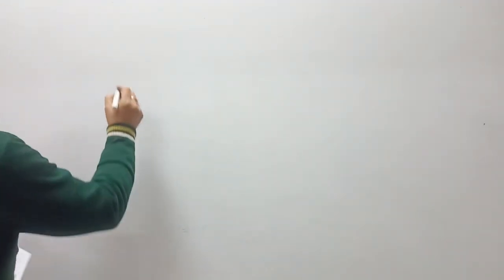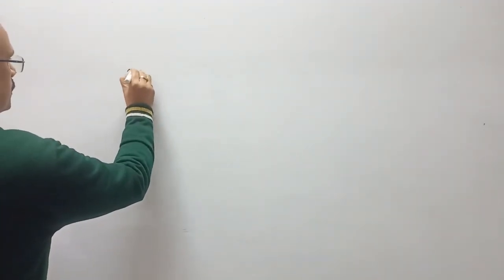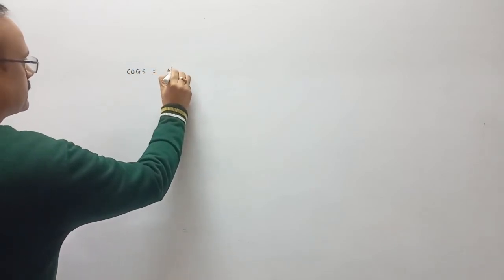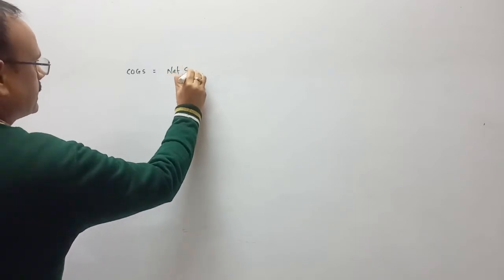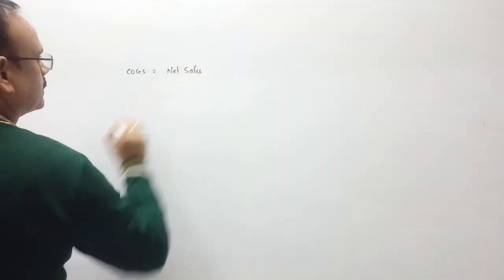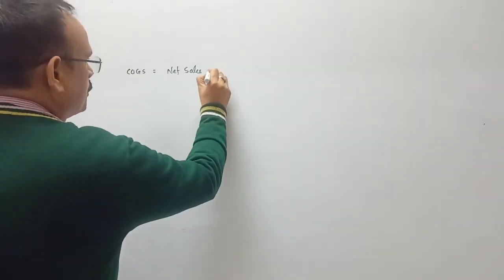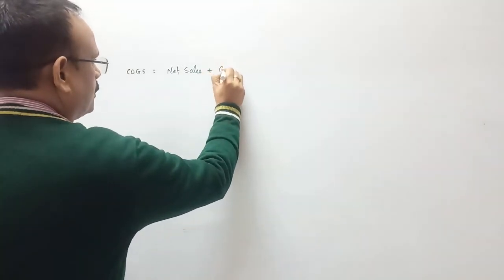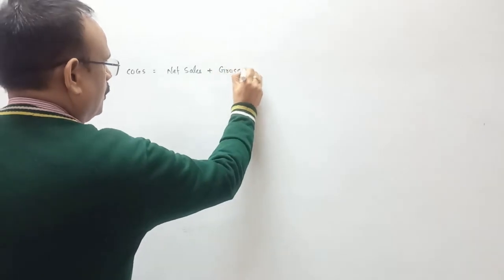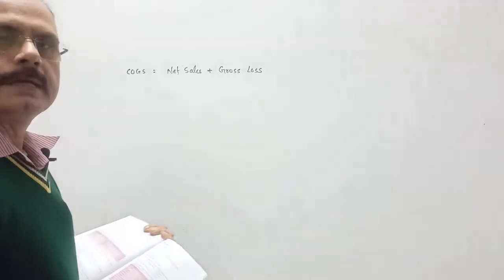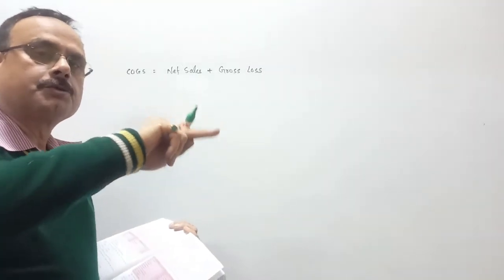So we can calculate the cost of goods sold, which is equal to net sales plus gross loss.